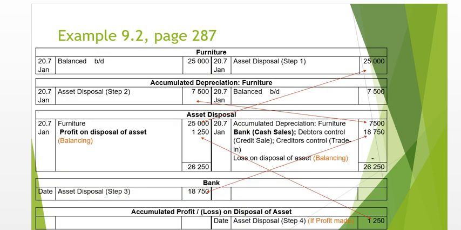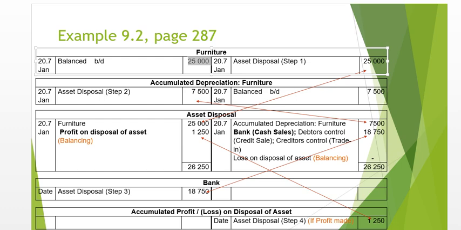So if we look at it, it's very simple. All you need to do is just slot in these accounts. So on the 1st of January 2007, our balance brought down in terms of furniture was 25,000 Rand. So we will debit that. Step 1 in our asset disposal procedure is we need to take out this furniture because we do not own this furniture anymore.